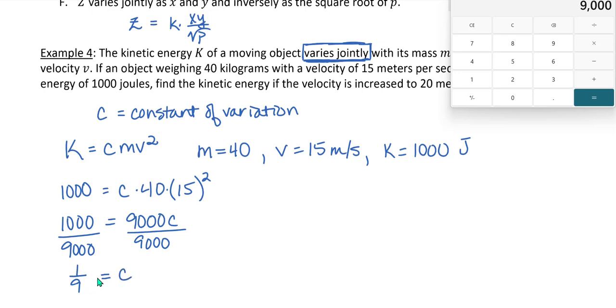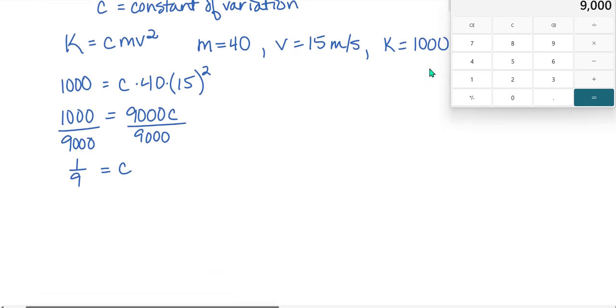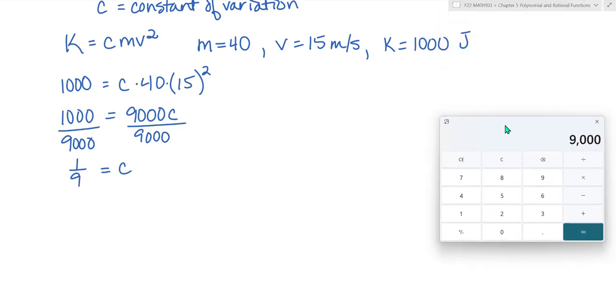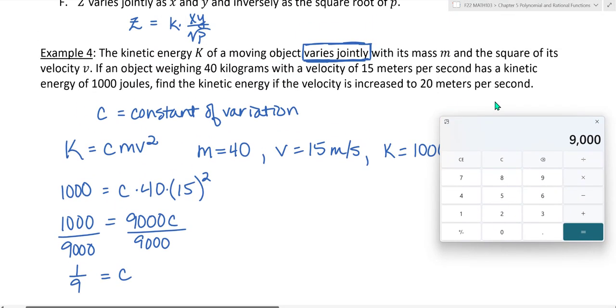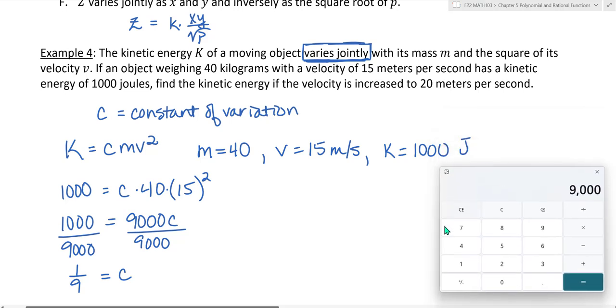You could certainly write that as a decimal, but you want to write a whole bunch of decimal places to make sure that you don't have a rounding error for your final answer. I think it's 0.1 repeating. I think that's right. Okay.